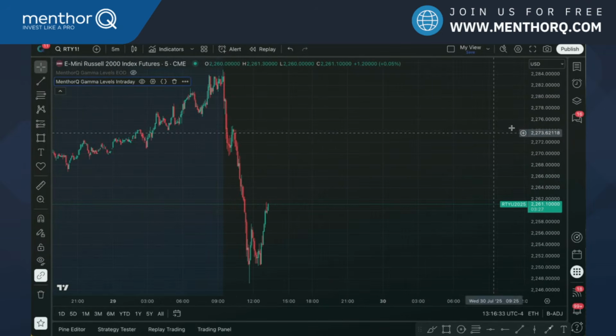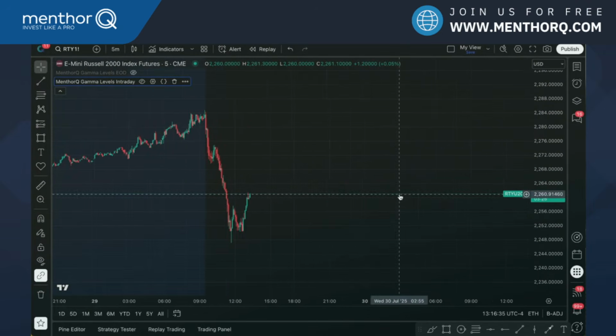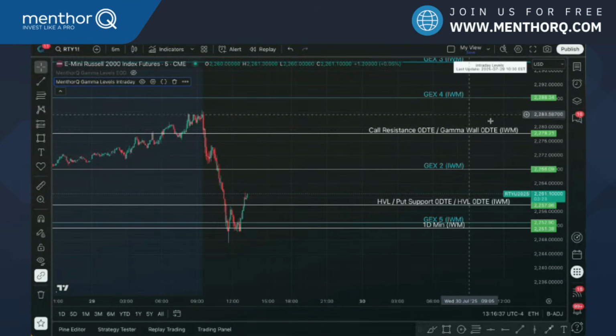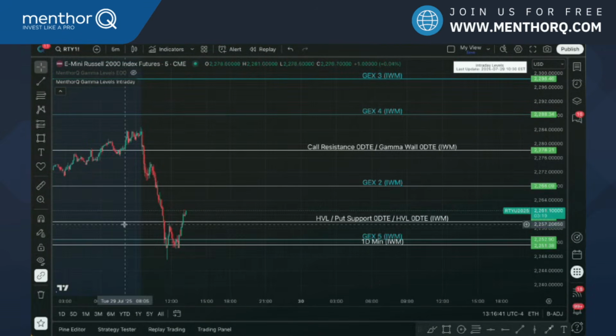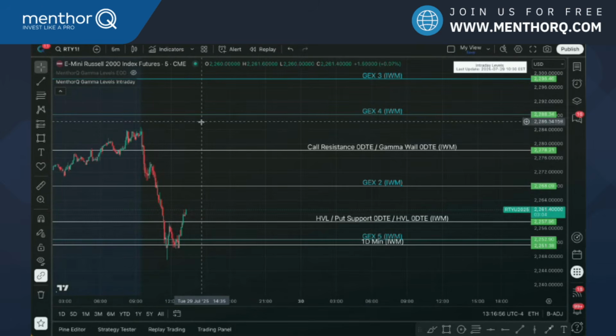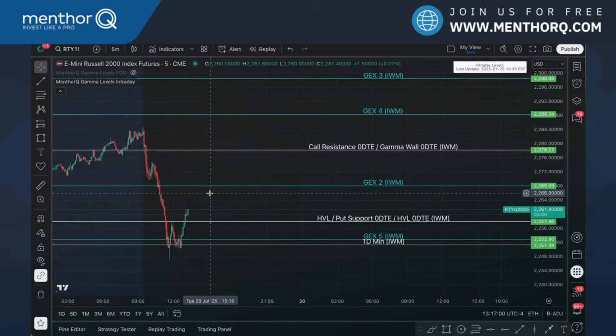And now you also have our intraday gamma levels coming from IWM. Again, a very strong reaction. You see that we touched the 1-day minimum on IWM, and then this caused a bounce to the upside. So in a few moments a day, you can get really active and prepare your setup, and this is very important.